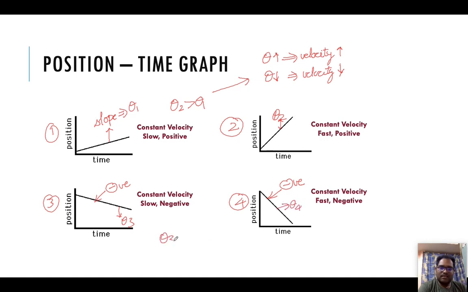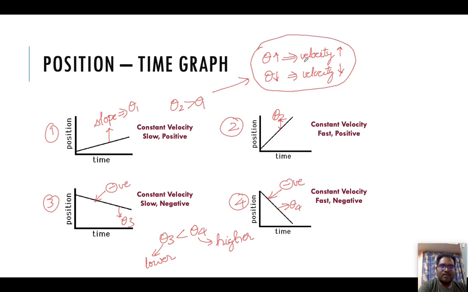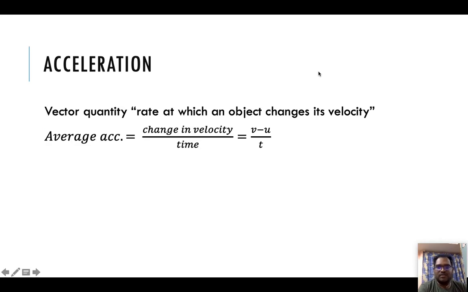Obviously, theta 3 is less than theta 4, or theta 4 is higher than theta 3. Which means this particular object has a higher velocity and this one has a lower velocity. So please take this as a thumb rule. If you have a higher slope, you are going to have a higher velocity. If you have a lower slope, you are going to have a lower velocity.